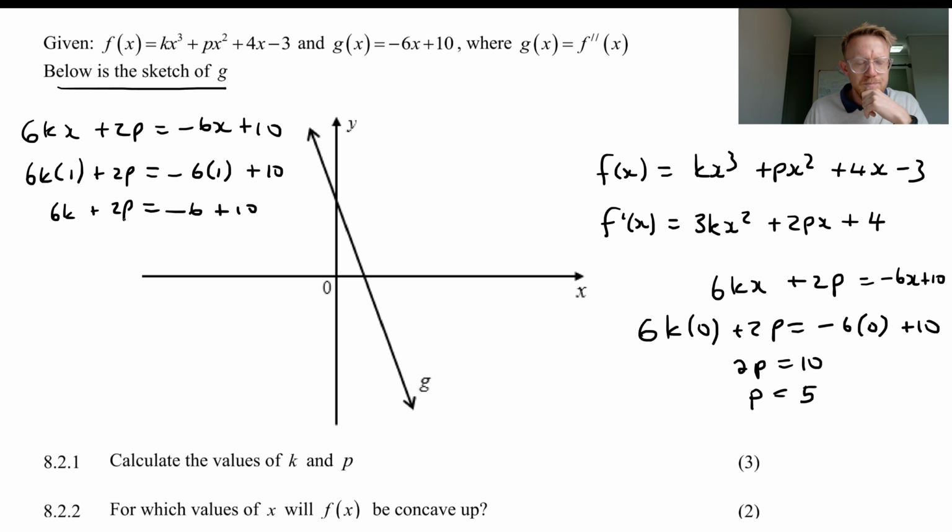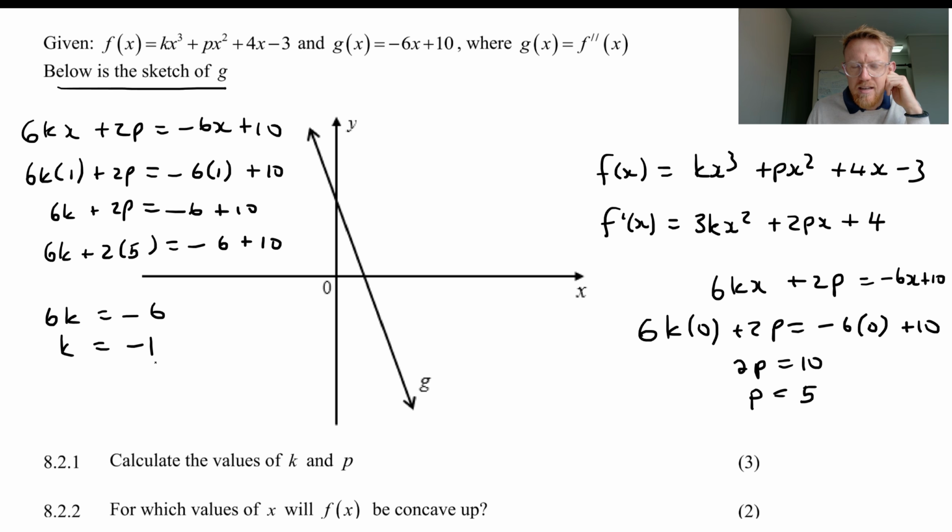We now know that p is 5, so if you solve this, you would realize that the 10s are going to cancel, and so k is minus 1. And there we go. How easy was that? So k is minus 1.